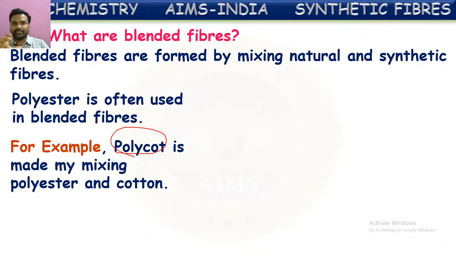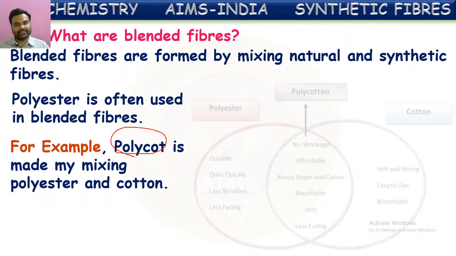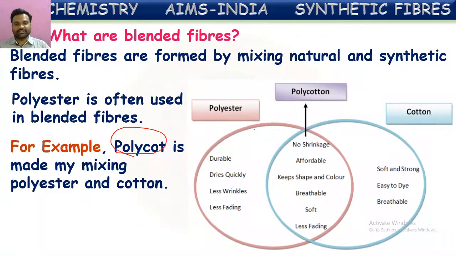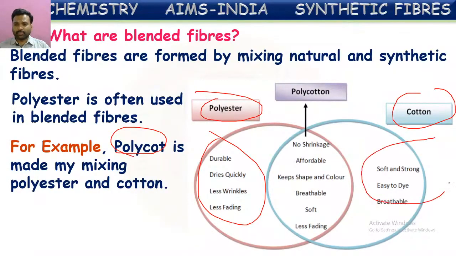These blended fibers or mixed fibers have the best properties of both the fibers which are mixed to make them. For example, this polycot has special properties like this. Polyester has these properties, and cotton has these properties which are comfortable for us.